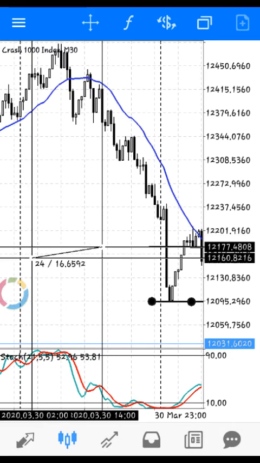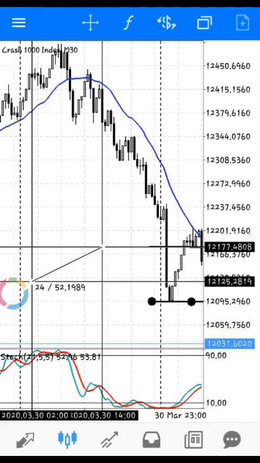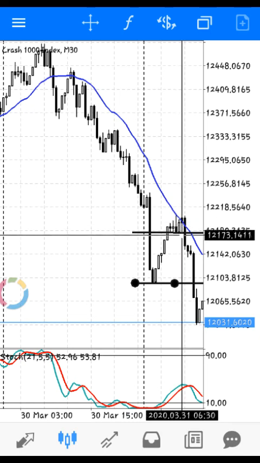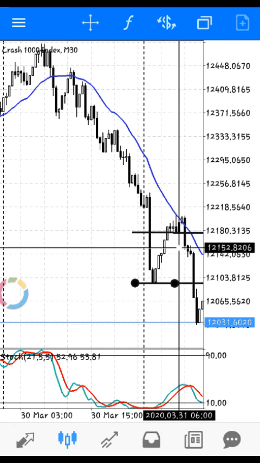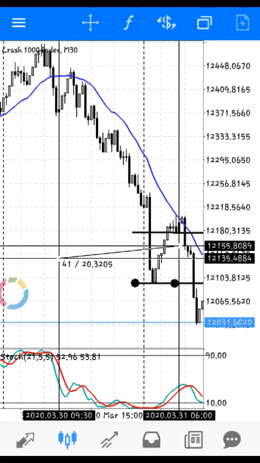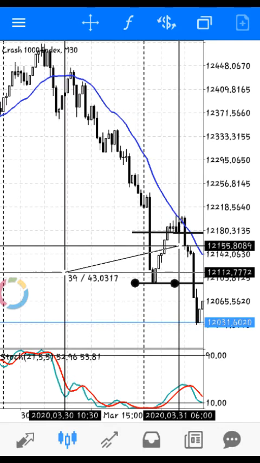Once price gets there, you should continue down. Now let's see. Well, this happens a lot of times: price doesn't come back to retest that level, and we just went on going down.